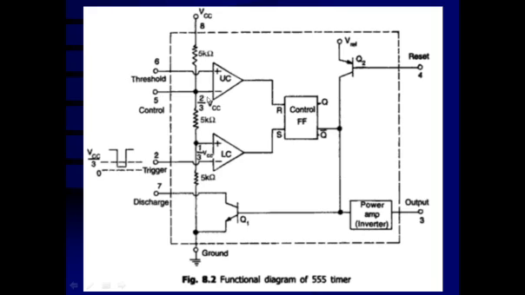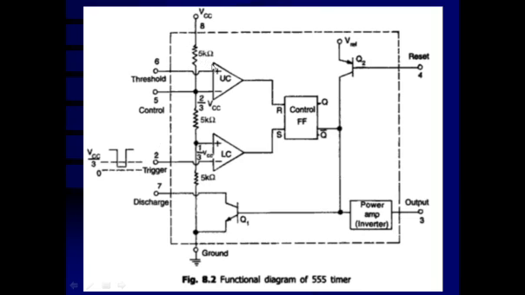Here you can see that this is connected to the inverting terminal. Here it is connected to the non-inverting terminal, that is the positive terminal. Here it is connected to the negative terminal. Remember, the other input, the negative terminal of the lower comparator, is connected to pin number 2, which is known as the trigger terminal.